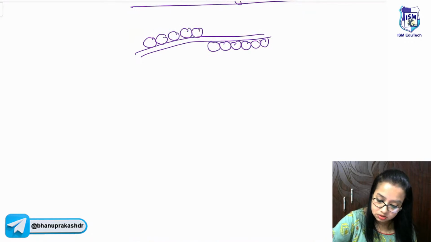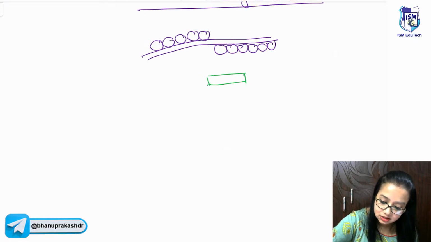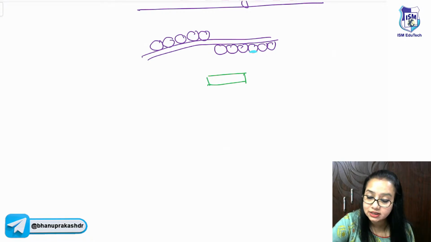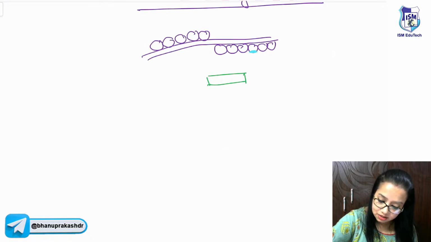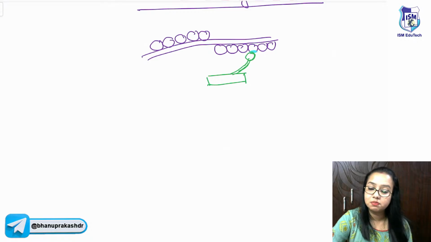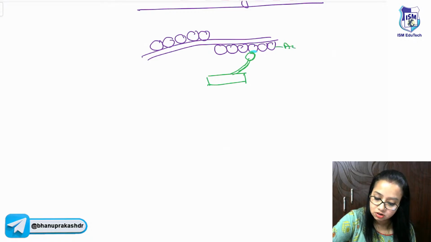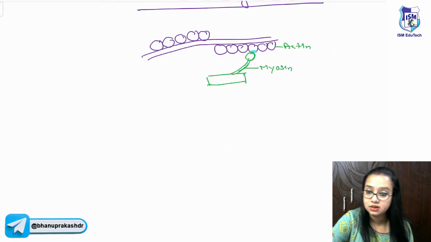Okay. So, now the empowered myosin, the actin. This is the binding site on the actin on which the myosin has to bind, and this is our empowered myosin. So, now first what will happen? This myosin will go and bind on the binding site on actin. We already know, still I am writing to make the concept clear.